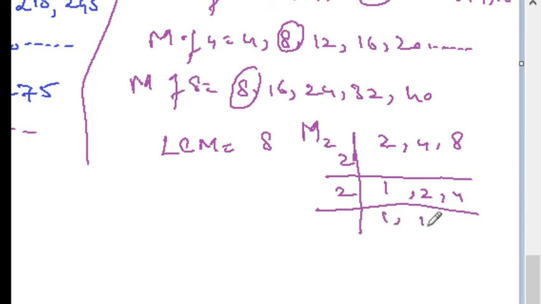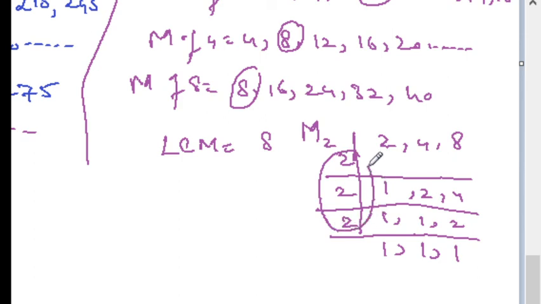So 1, 1 and 2. Again divide by 2. So 1 is coming here, 1 is coming here, and 2 divided by 2 is 1. What is the LCM here? That's the LCM: 2 into 2 into 2, which is 8. So use the method which you like, which is easy for you.